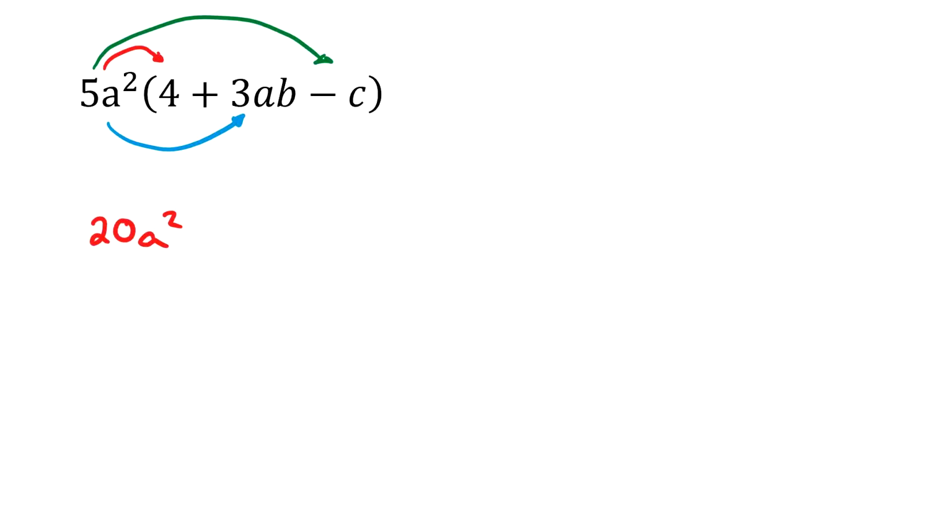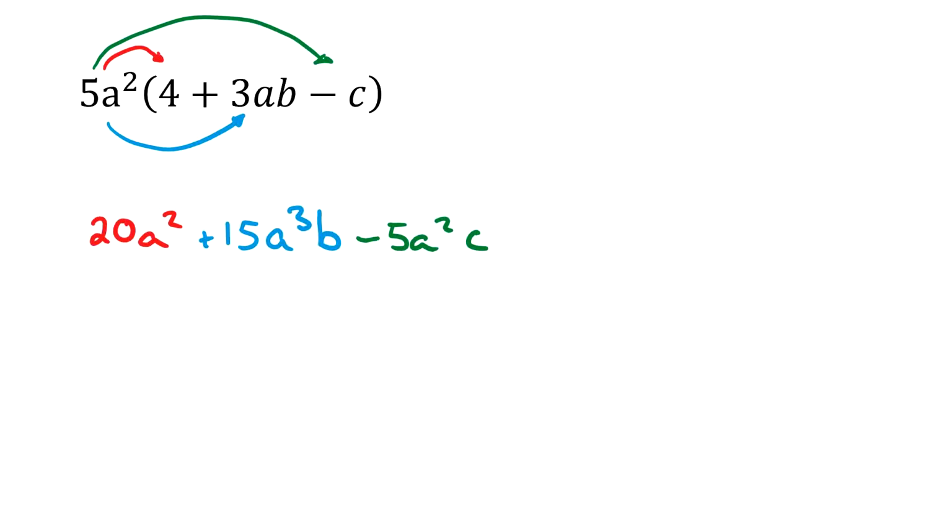We then can focus on our blue, 5 times 3, both are positives, so 15. A squared times A is A cubed, and then we have B. Next we'll focus on our green. There is a 5, there's no other numbers, but notice that the C is negative, so I know there's going to be a minus here. And then we have 5A squared C.